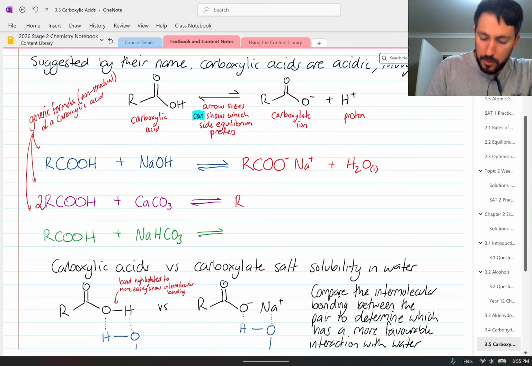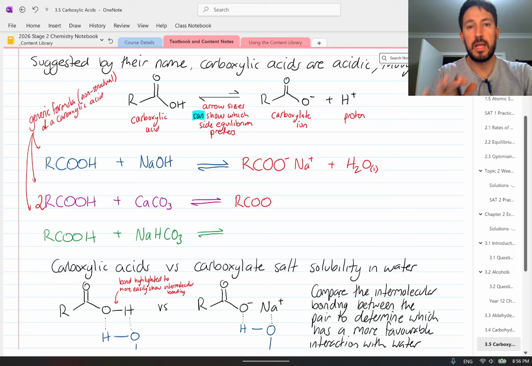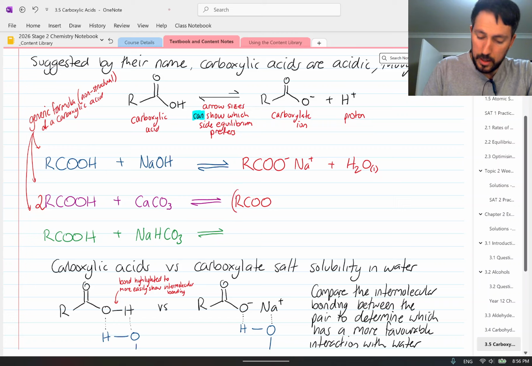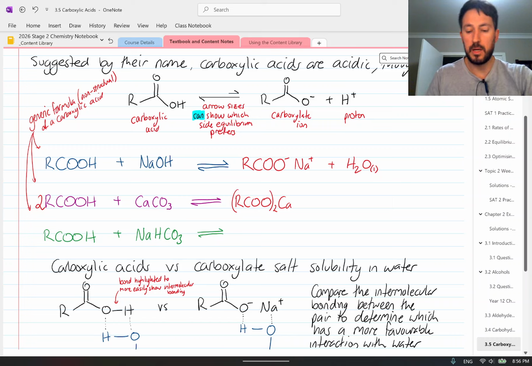I'm going to do this version without the minuses and pluses, but we're going to need 2 of these to associate with 1 calcium, because our carboxylate ion has a -1 charge and calcium ions have a +2 charge. So we're going to need 2 of our carboxylate ions to pair with our calcium.